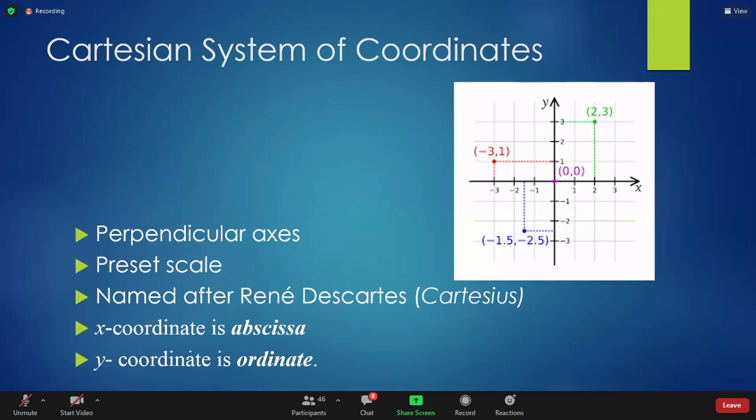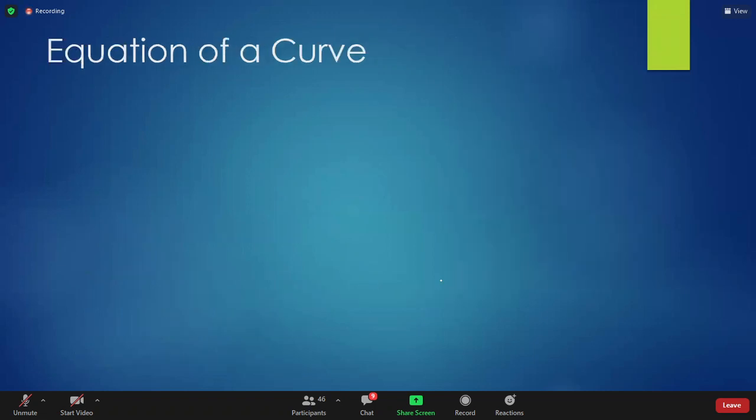Now, how do we find the equation of any curve? Suppose we have an equation. So the equation of a curve would describe all those points whose coordinates satisfy the equation. In other words, if I have a curve, any kind of curve in the 2 dimensions, it could be a circle, it could be something else.